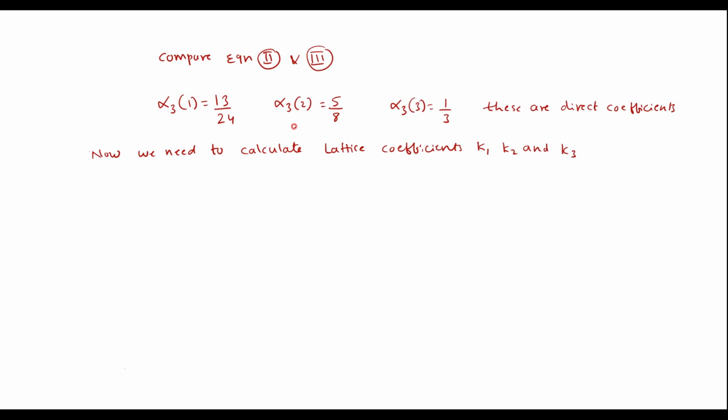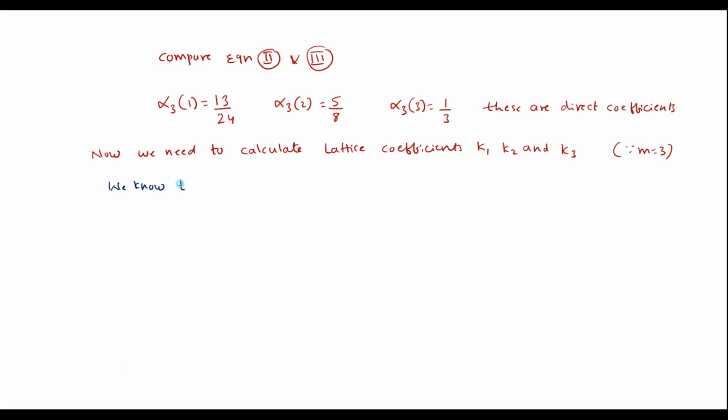So here m is equal to 3, so we are supposed to calculate the coefficients till 3, that is K1, K2 and K3. So now let's see how to convert the direct coefficients into lattice coefficients K1, K2 and K3.